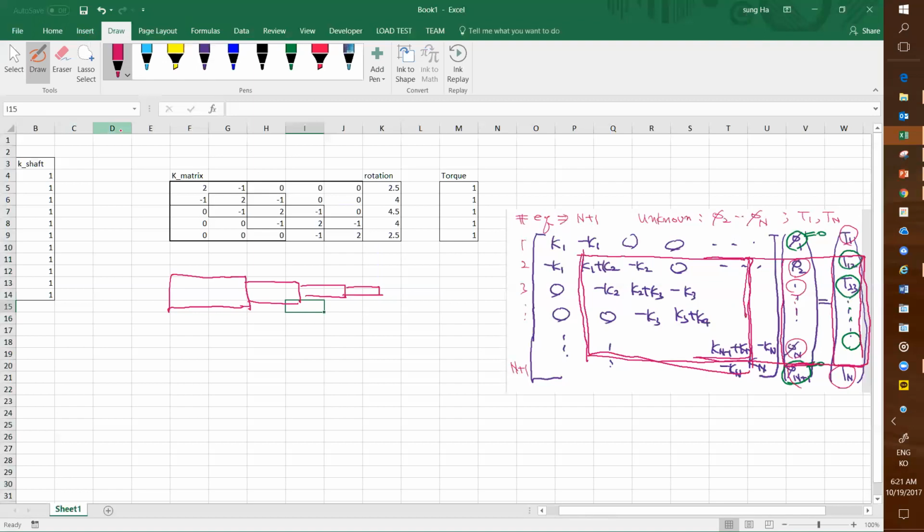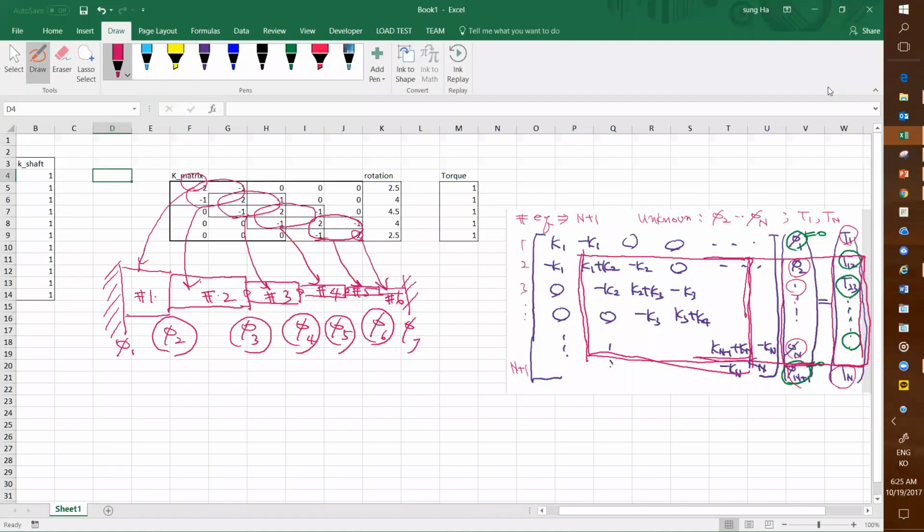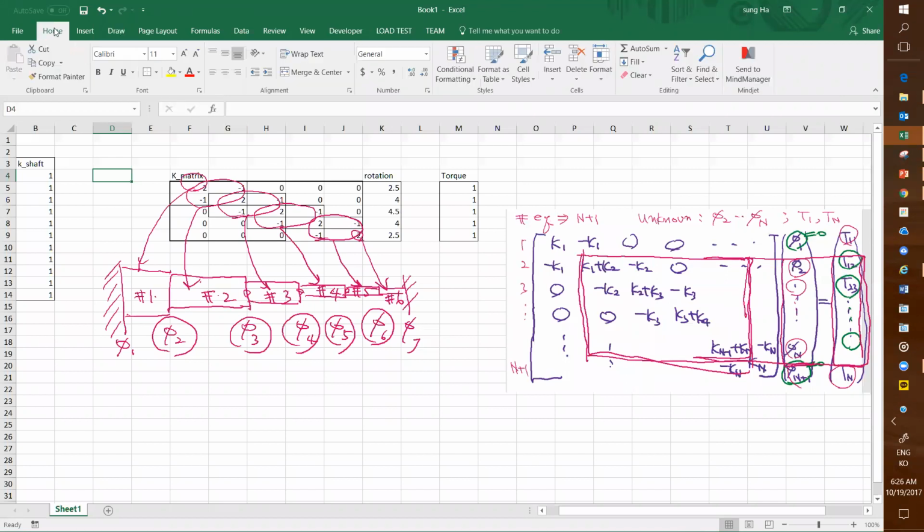Let me see, I need some time. I'm going to clarify the case we try to solve.